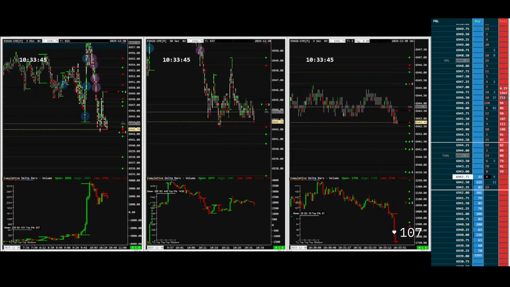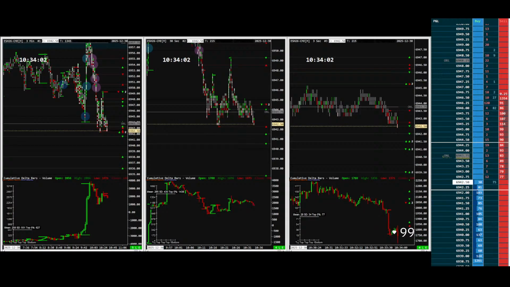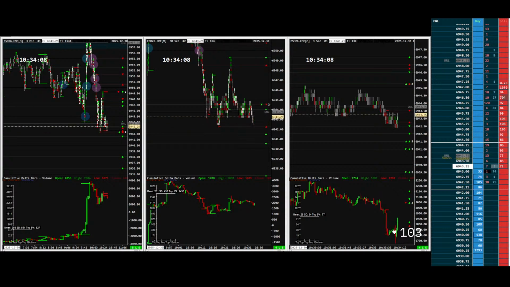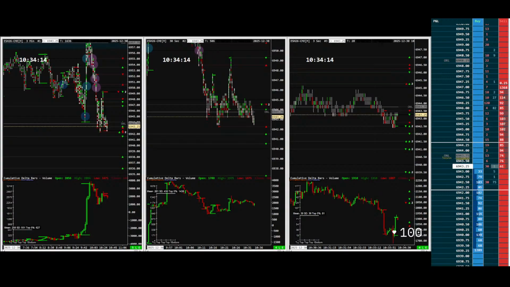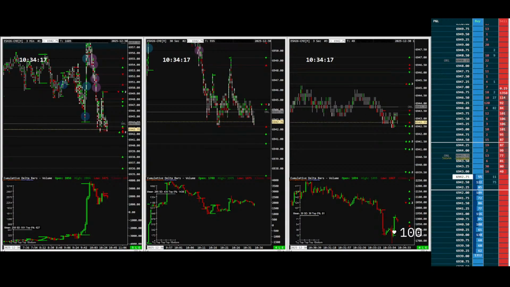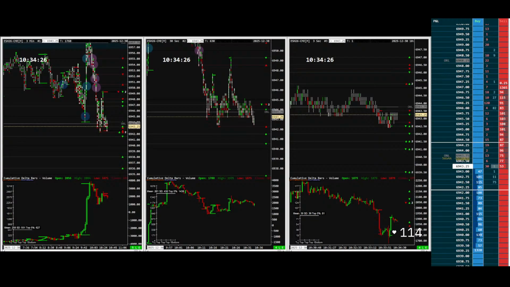There's the break. There's a 2-factor right here that's almost bouncing off of on the 15-minute 42.25 exactly.